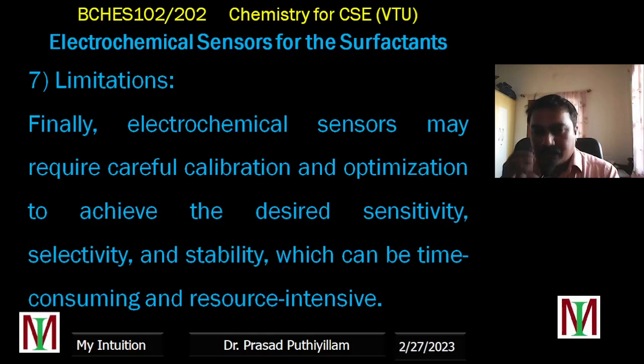Selectivity is how the sensor will select a particular surfactant, not the other surfactants or other components present. Stability is how long the sensor will work without getting destroyed or poisoned. To get this accuracy, it will be time consuming to keep it ready, and it is resource intensive.